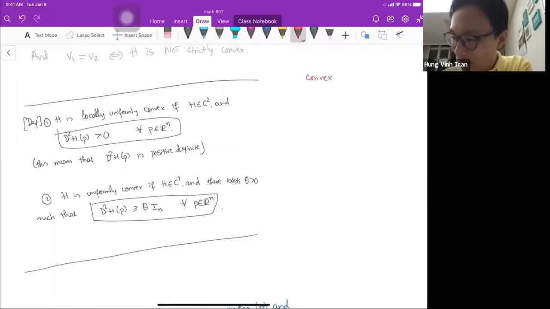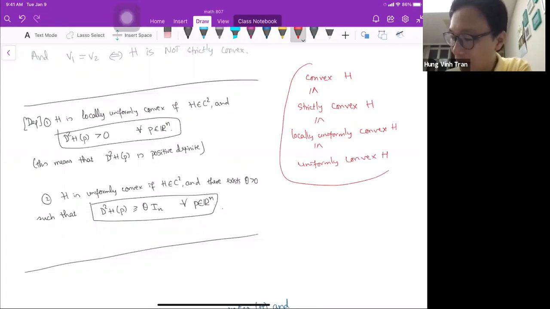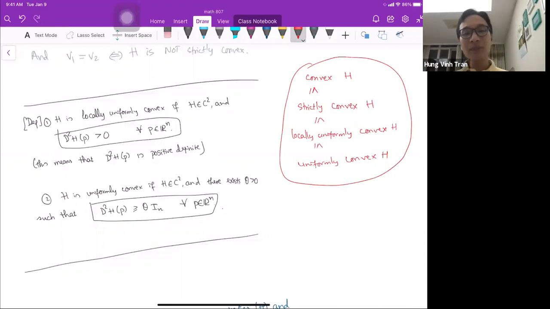Convexity is weaker than, okay, I'm writing this in a literal way, this is not less than or equal to, but convex H is not as strong as strictly convex H, and strictly convex H is also less than locally uniformly convex H, and this one is less than or equal to uniformly convex H. So this is a chain of relations of convexity we are considering, because you see that for strict convexity we already require something stronger, right?